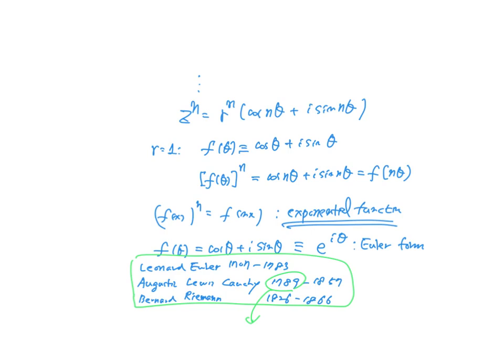So this is a really important thing, Euler's discovery. Euler's formula. Euler's formula: exponential i theta is cosine theta plus i sine theta.